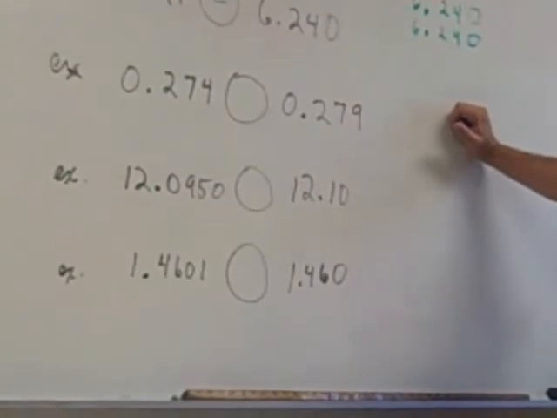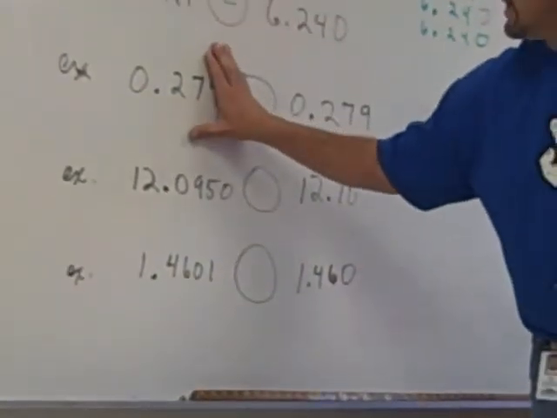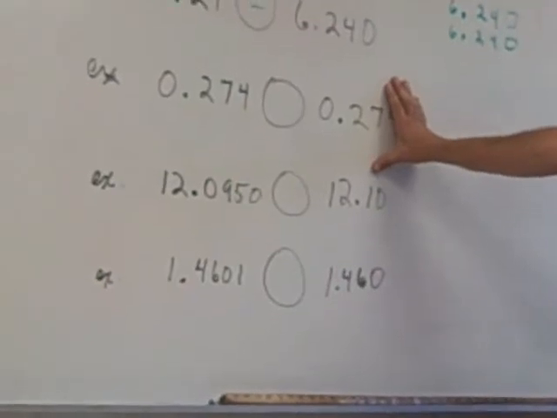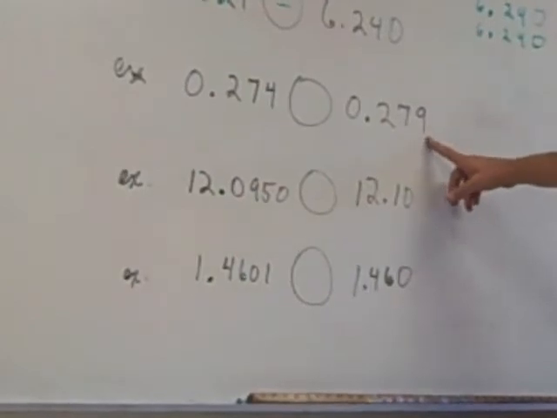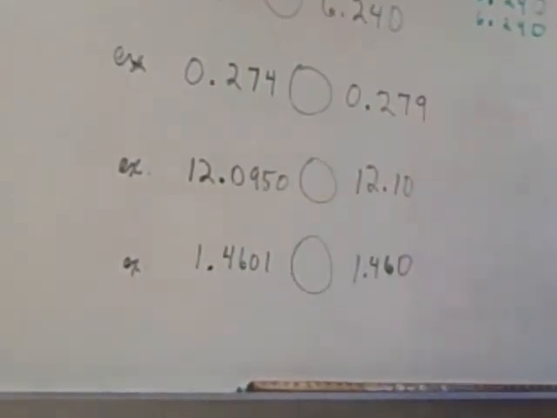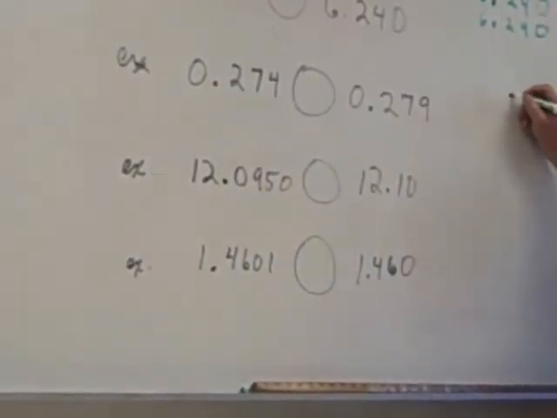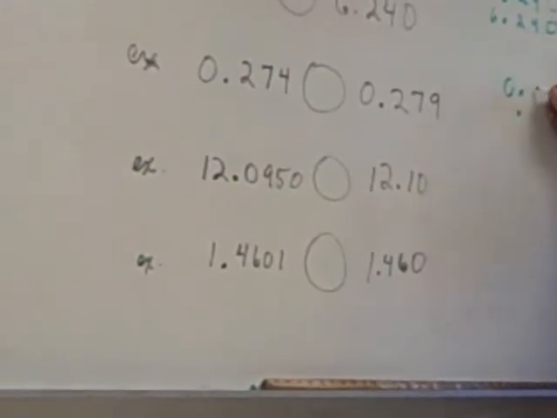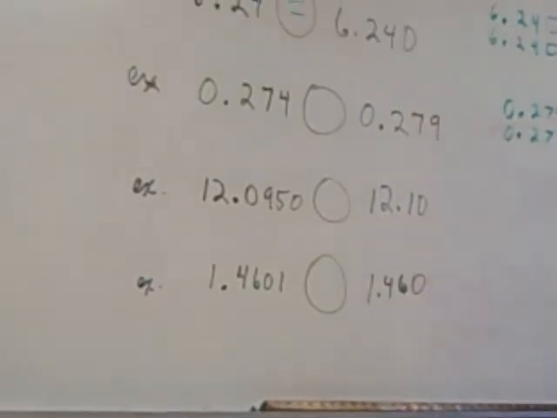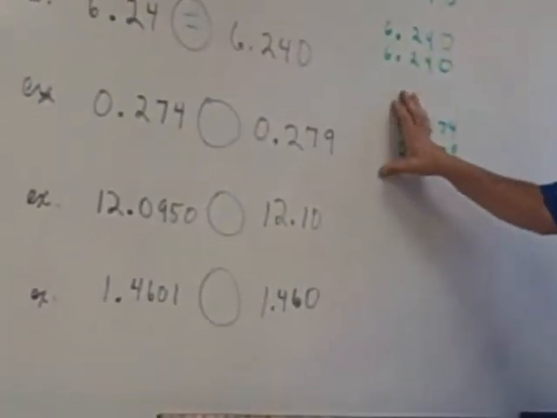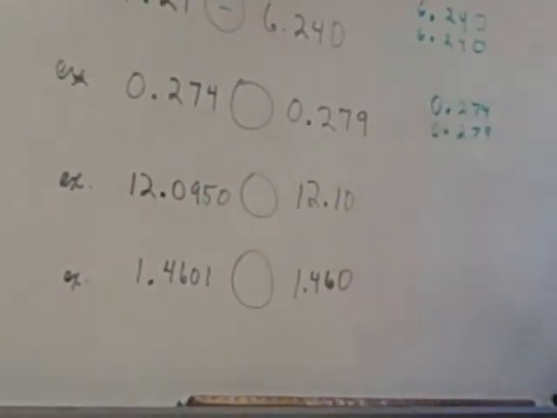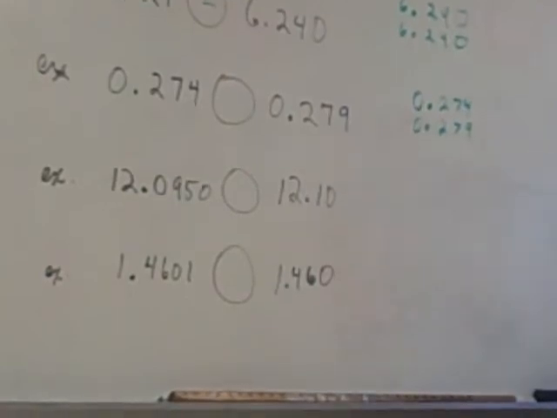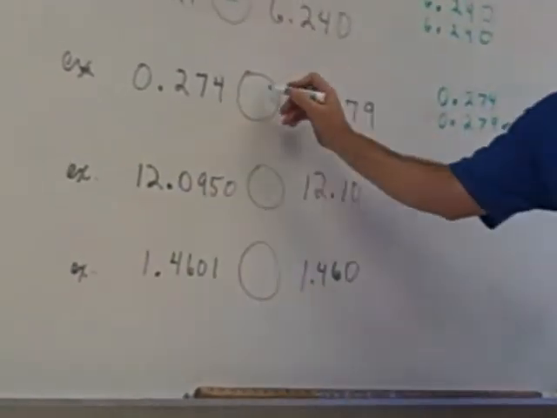Some people want to put equal on that. 27 cents, 27 cents, but they're not equal, because this one's got a 4 hanging on it and this one's got a 9 hanging on it. So that's where this method comes in. 0.274, 0.279. 274 or 279? 279 is bigger, isn't it?